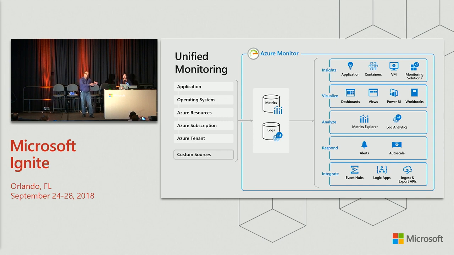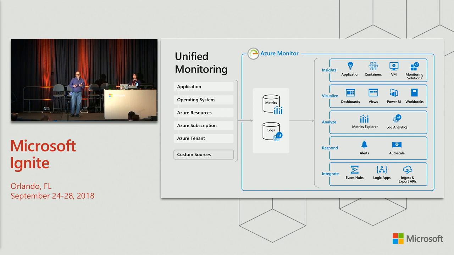Then, of course, you have telemetry coming from Azure resources, which we enrich even more because we know the platform the best. And then you have other metadata like the subscription and the tenant, all that stuff from the Azure perspective. All of this is collected into a central store for metrics and logs.